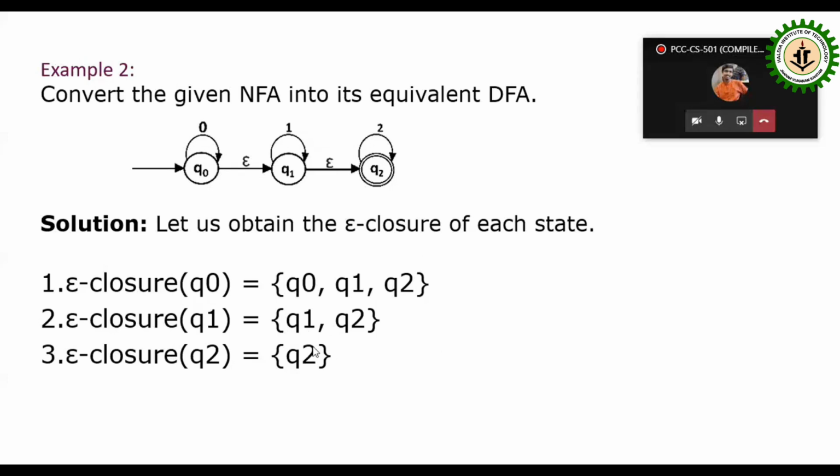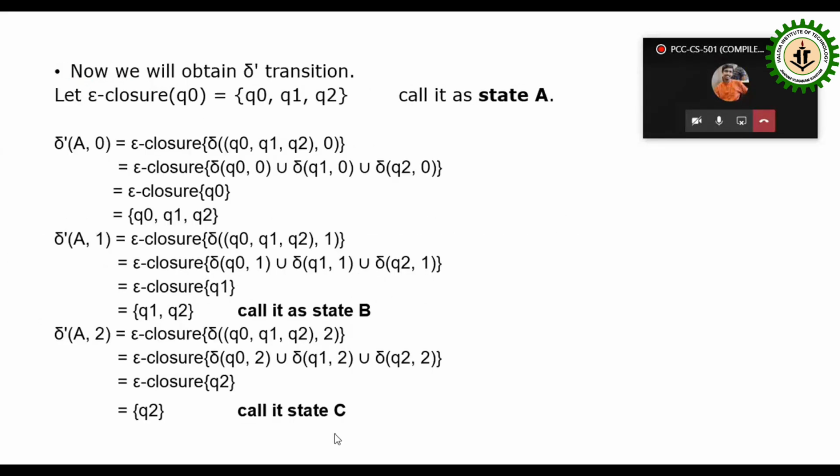Now again for B we are finding the closure for 0, 1, 2.